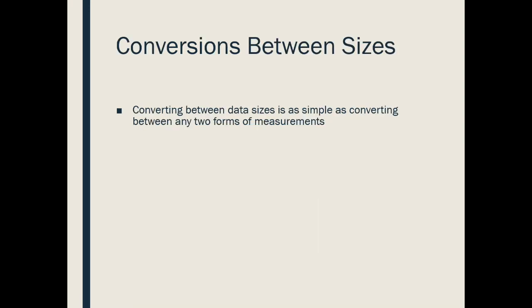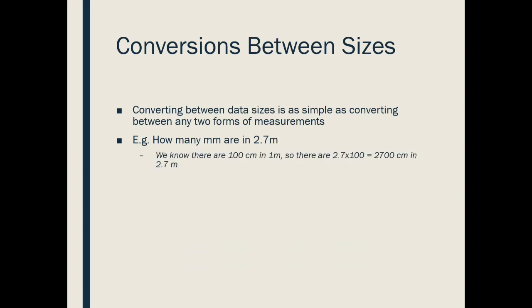So let's look at some examples. Converting between data sizes is as simple as converting between any two forms of measurement. So if I say how many millimeters are in 2.7 meters, we just could do some math. We got to go step by step. So for example, we're going to go from meters to centimeters and then from centimeters to millimeters. It's not just a one-step process. So we know that there's 100 centimeters in a single meter. So that means 2.7 times 100 is going to give us 270 centimeters.